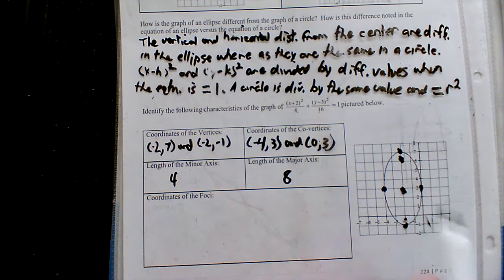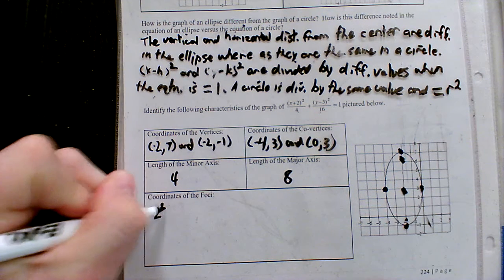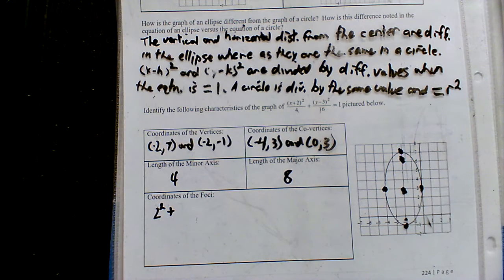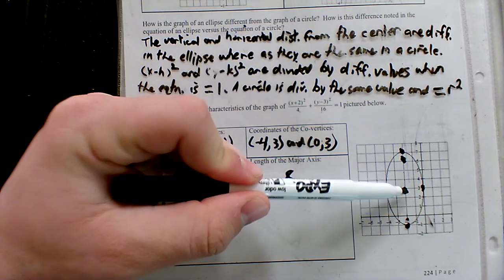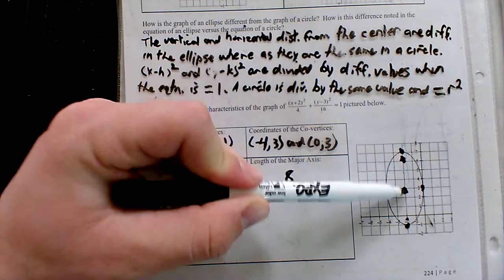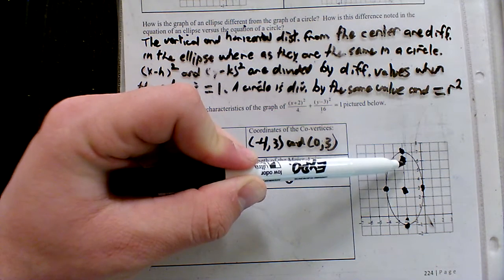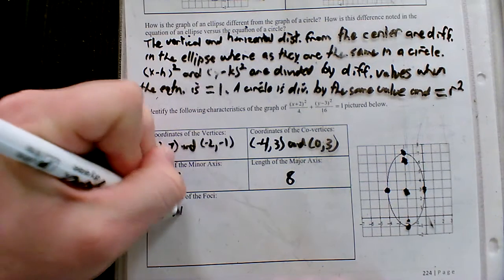So if we use Pythagorean theorem, well, we know this distance here is 2. So we can have 2 squared. We want to know what the distance is from the center to this focus. We want to know what that distance is. That way we can get the coordinate. So we don't know what that is. We could say that's b squared. We don't know what that value is.